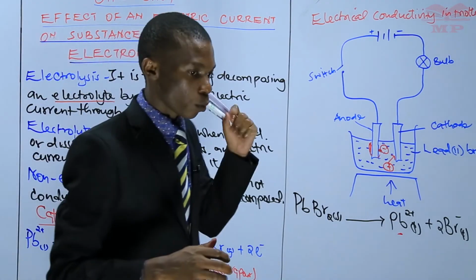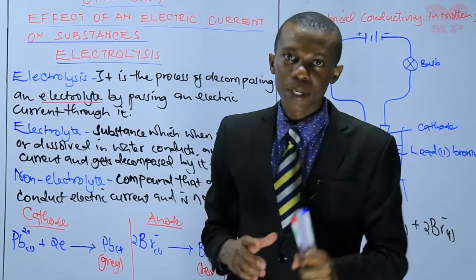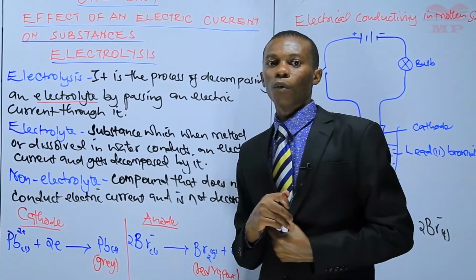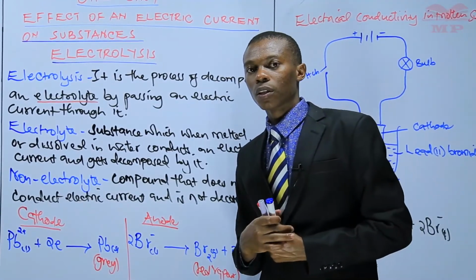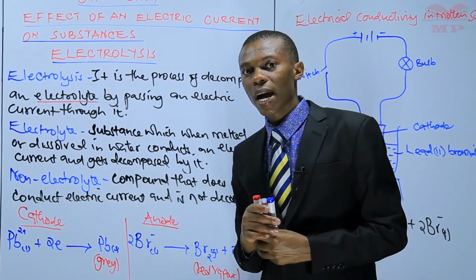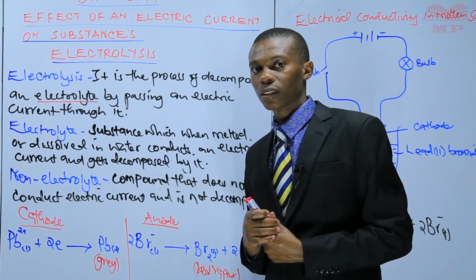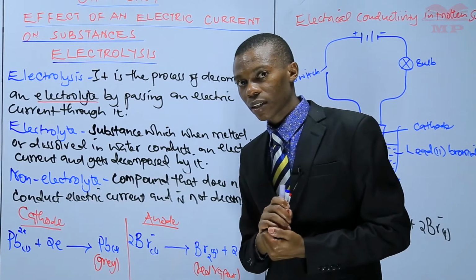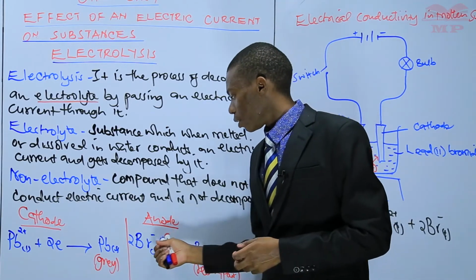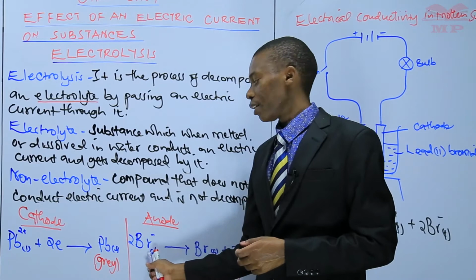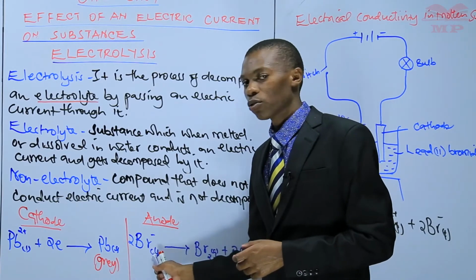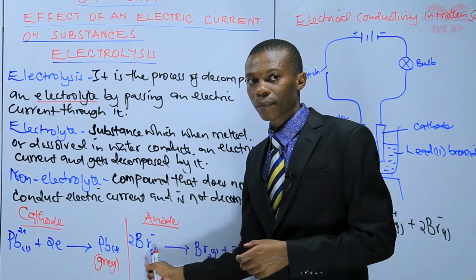Remember again, bromine is a nonmetal. Bromine being a nonmetal, nonmetals form ions by gaining electrons. Therefore, this ion, bromine has gained 1 electron to be in this state.